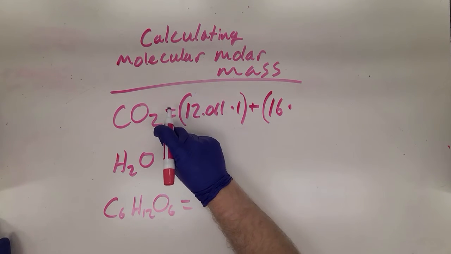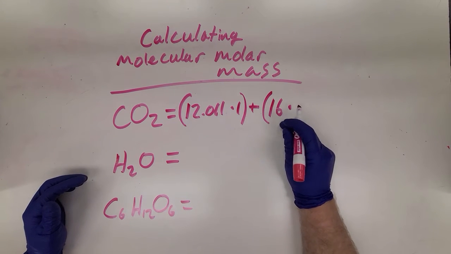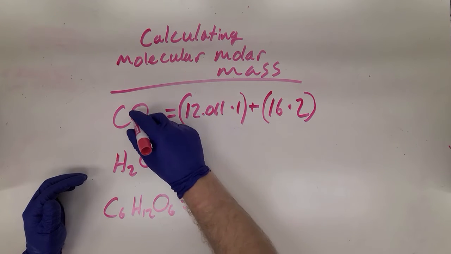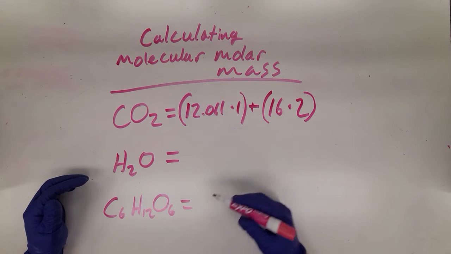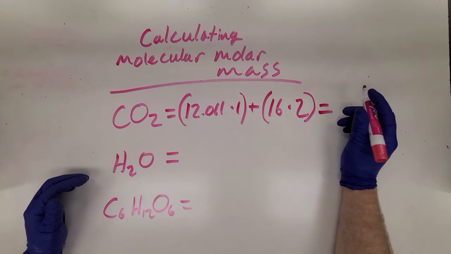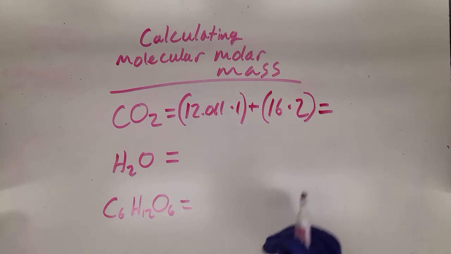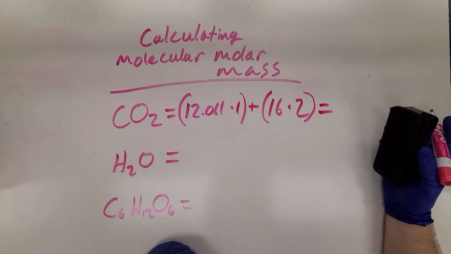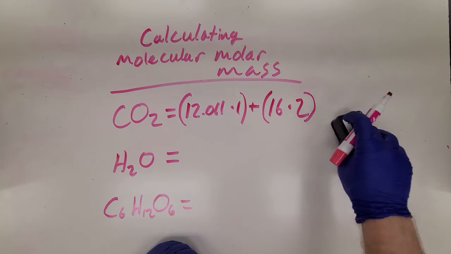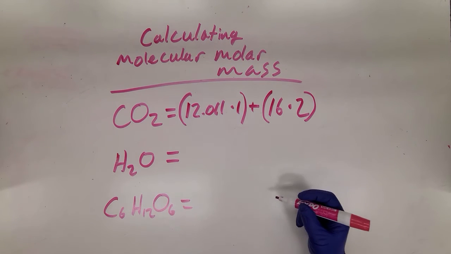And there are 2 oxygen atoms, so we have to multiply this 16 times 2 because there are 2 oxygen atoms in this total CO2 molecule.